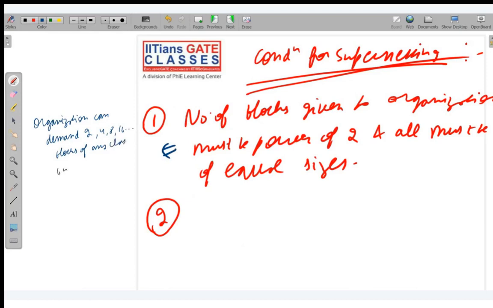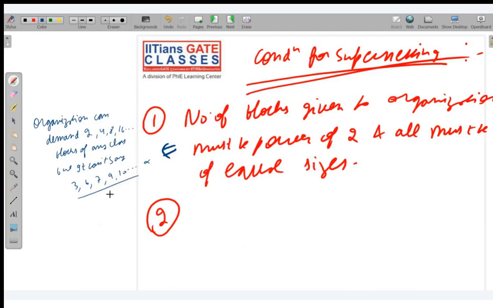These have been asked directly, that's why I'm spending time here. But it can't say give me 3 blocks, 6 blocks, 7 blocks, 9 blocks, 10 blocks and so on. It cannot say like this.